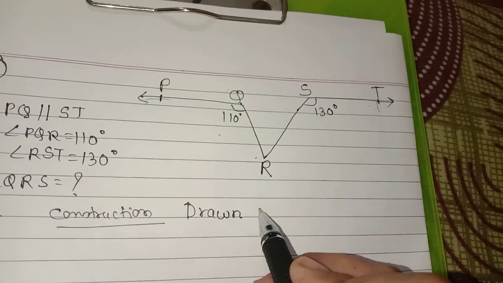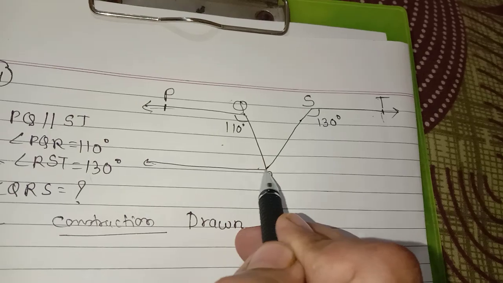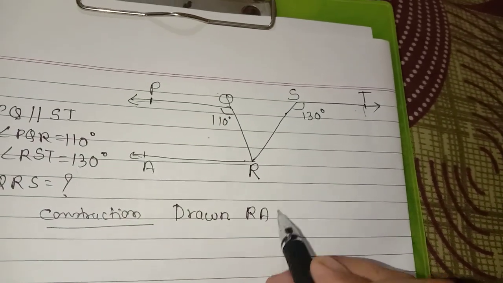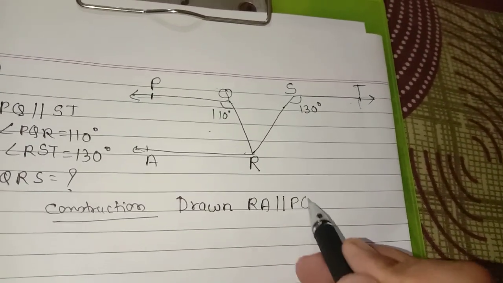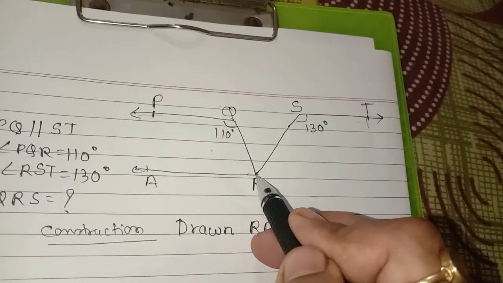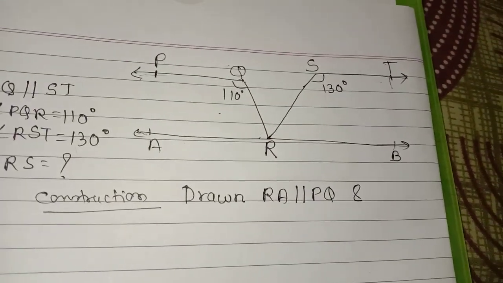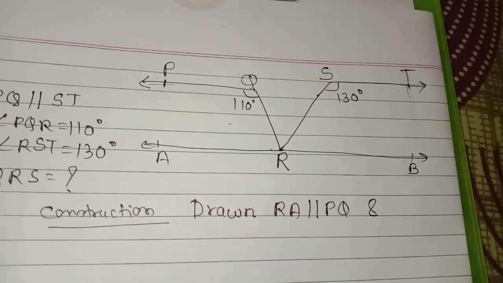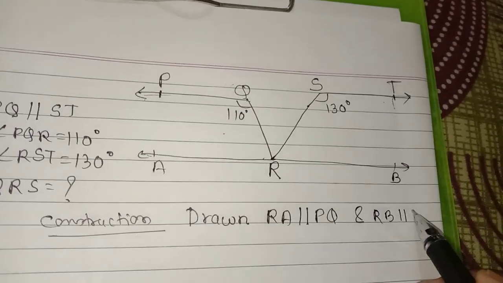You write RA parallel to PQ, and RB, just see very clearly, RA and RB, you will get the idea. RB parallel to ST.